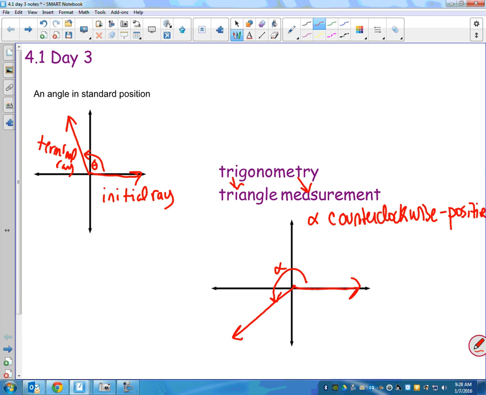The reason that you have to make this little arc is because you can also start here and go in a clockwise direction. Let's call that angle beta, which is kind of like B with a little tail on it. Beta is drawn clockwise, and when you measure an angle in a clockwise direction, that's a negative angle.